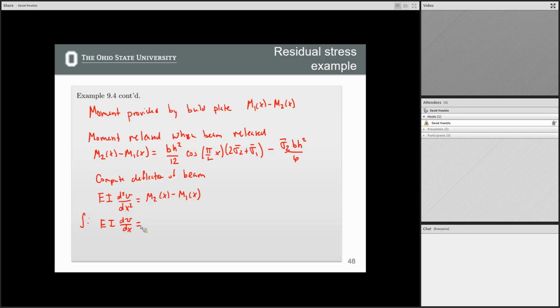And then I have to integrate this function. So integrating this function, I have a function in cosine, right? So this is going to be positive BH squared over 12, L over pi, because that's the argument of this cosine function. I'm going to bring all the coefficients out front here.